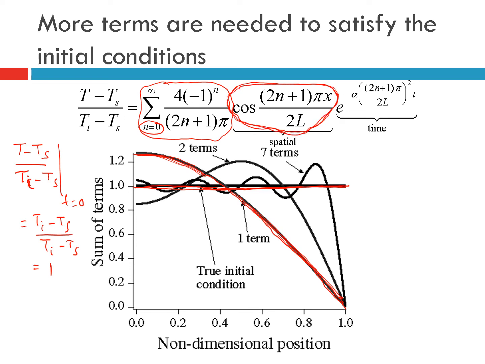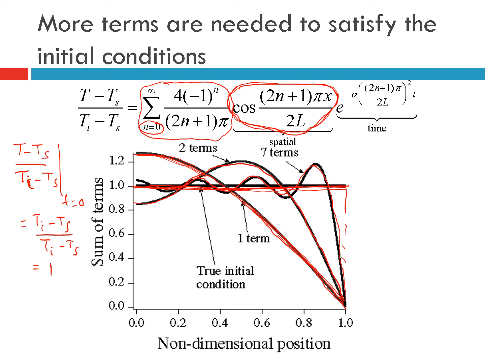They're all cosine, and each one is a solution. So if I add two of those terms, then it looks like that, which is a little improvement. If I add 7 of these terms, then it looks like that, which is now getting closer to the initial condition.